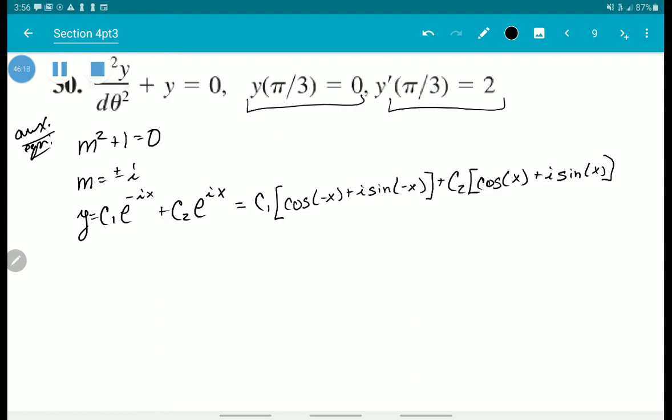Using those even-odd properties again, we can put those cosine terms together. So this is going to be c3 cosine of x plus c4 sine of x.